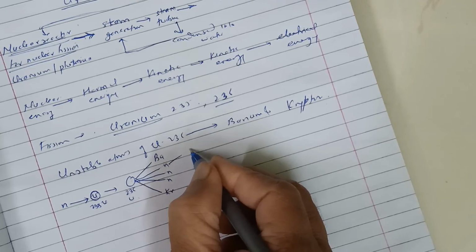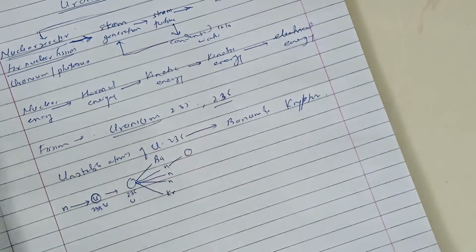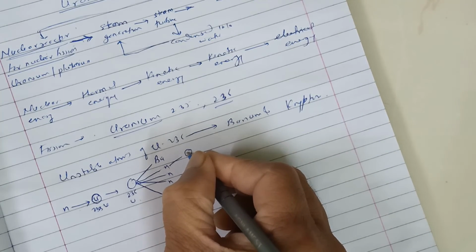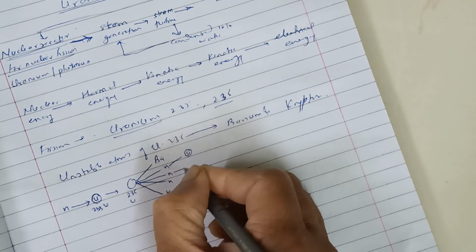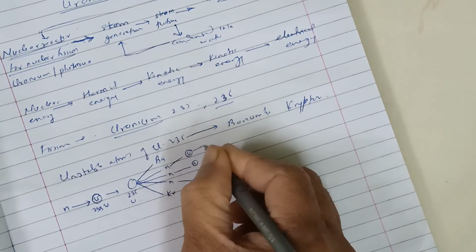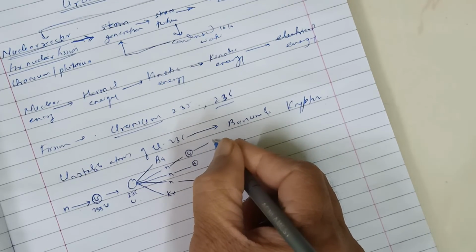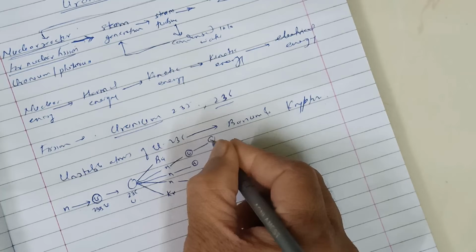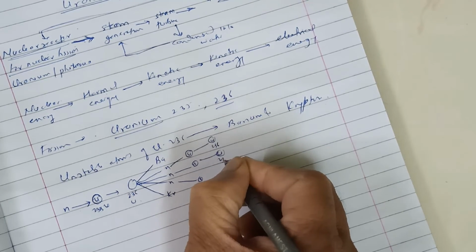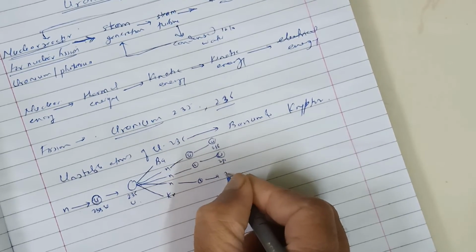Each neutron is then bombarded on each atom of uranium, and uranium 235 is converted into uranium 236 isotopes.